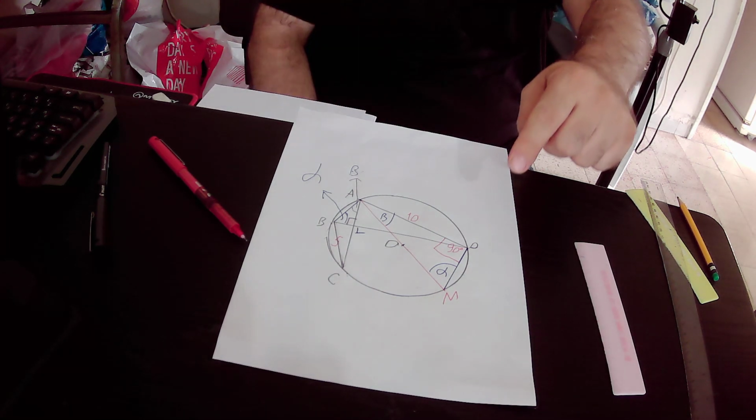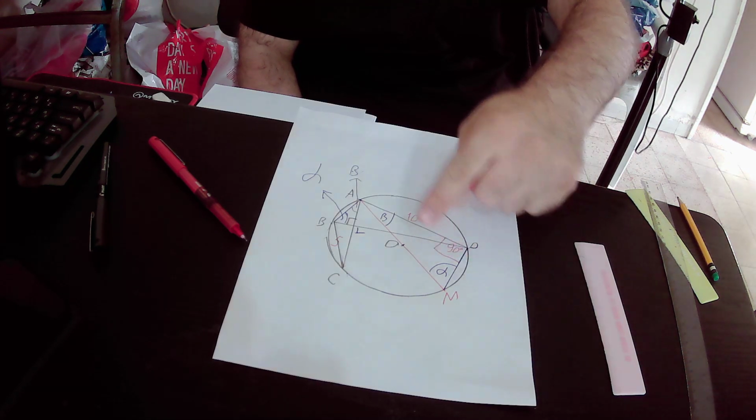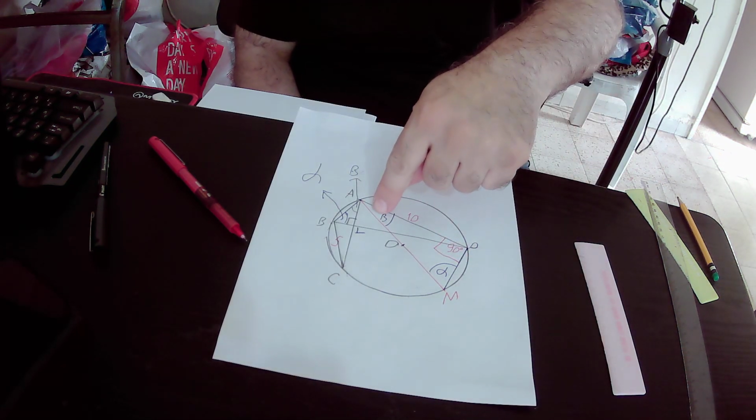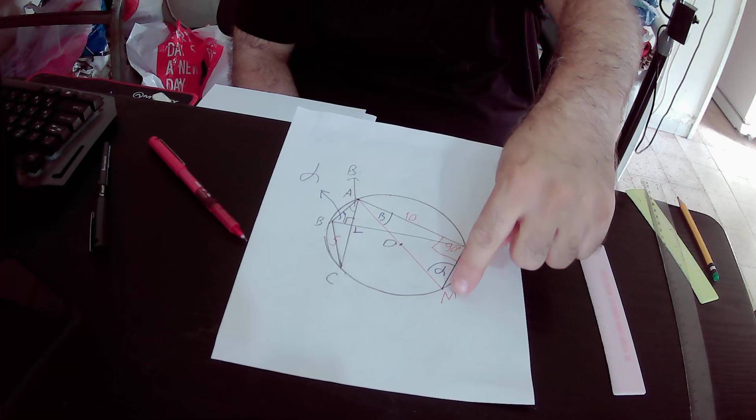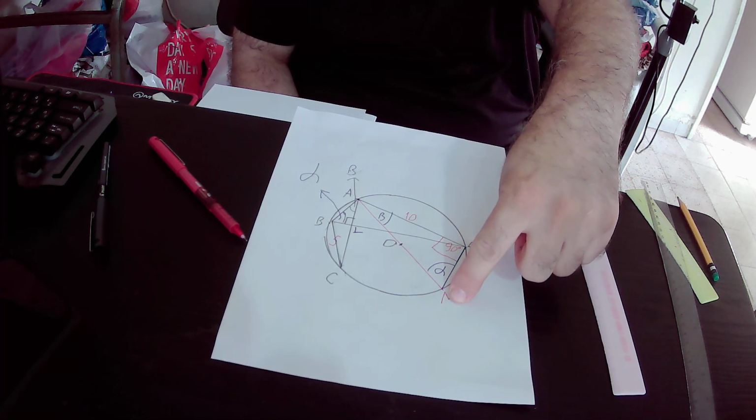Okay, peripheral angle MAD that equals beta rests on chord MD.